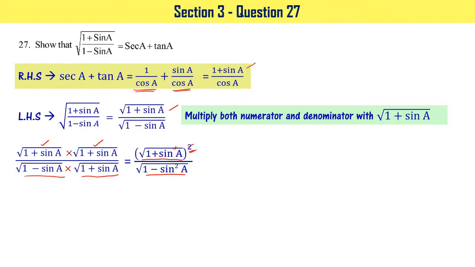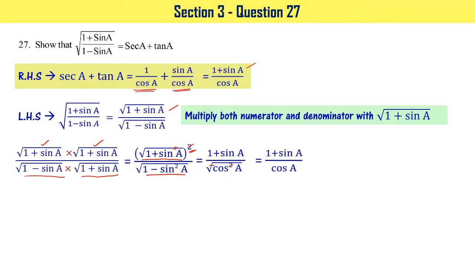When I drop it, I'll get the numerator as 1 plus sin A, and we know that 1 minus sin square A is equal to cos square A. So that's why I have written denominator as square root of cos square A. Now I can cancel the square root and this power 2, right? So that I can write it as 1 plus sin A divided by cos A.